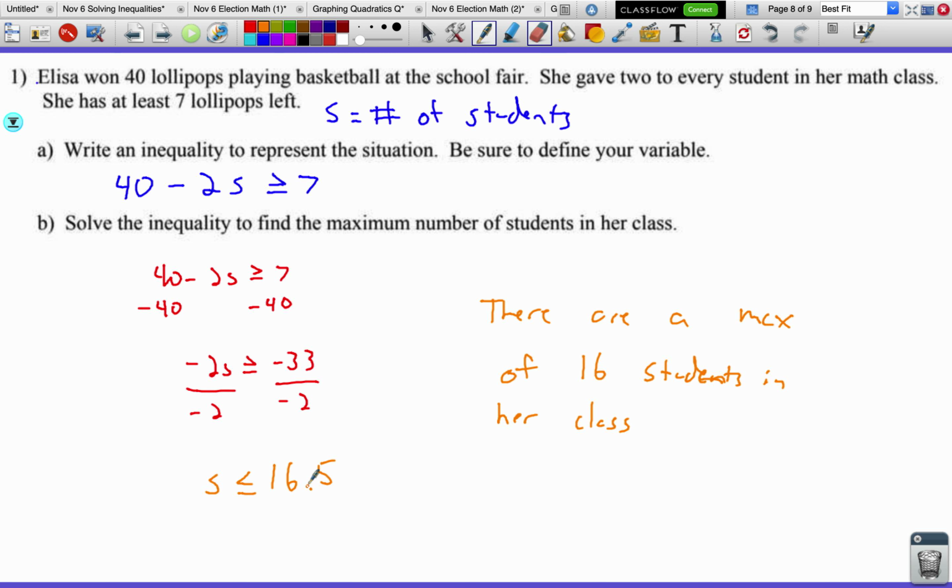And actually, once we figure out that 16.5, if you're not sure that you faced your inequality the right direction, you could just check 16 and 17 and see which one still makes sense. If I plug in 17, then she would give away a total of 34 lollipops and only have 6 left, which is not at least 7. With only 16 students, she would give away 32 and she'd have 8 left, which is at least 7. So that's how we know we need to round down to 16.